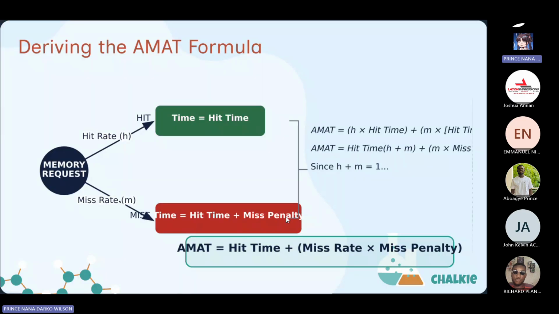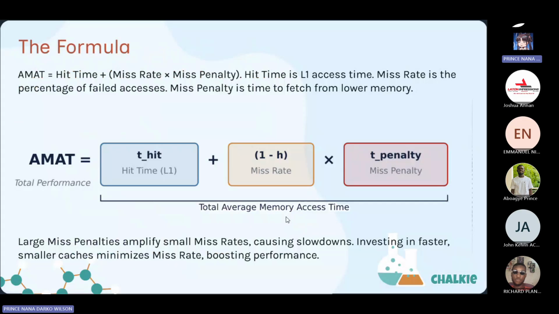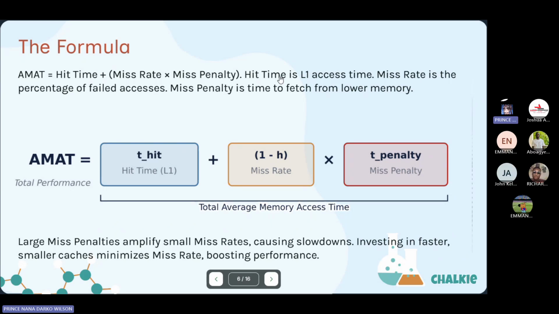And then we saw the formula: the average memory access time is the hit time in the L1 cache, so the amount of time it takes the level 1 cache to identify data that is on it, plus 1 minus the miss rate. So 1 minus the miss rate means 1 minus the probability of it finding data that is not inside the level 1 cache.